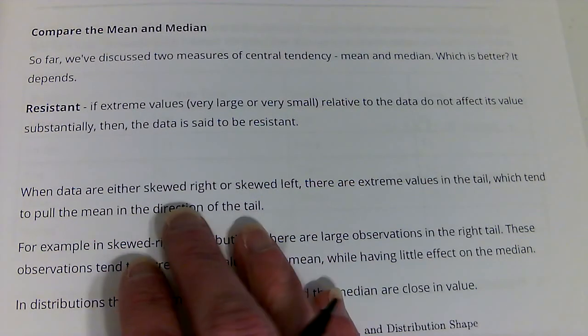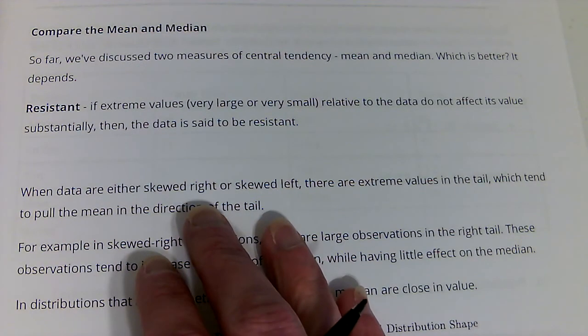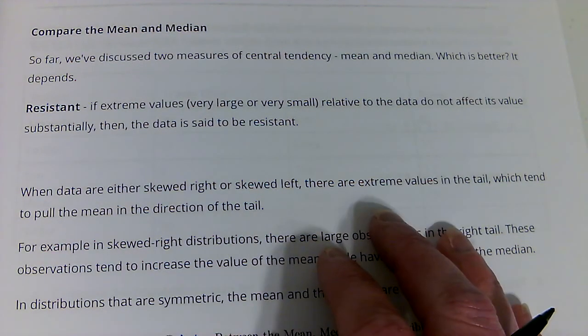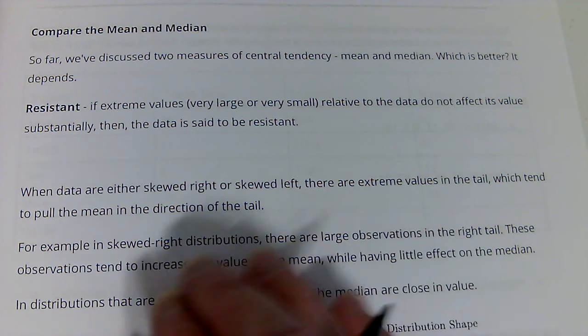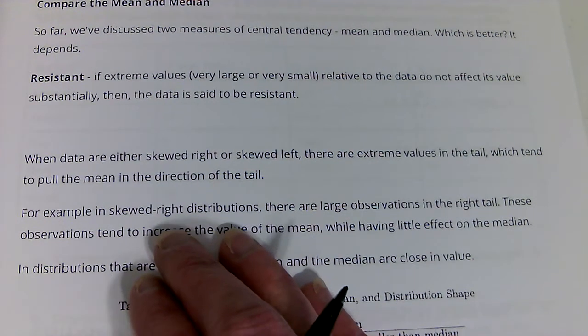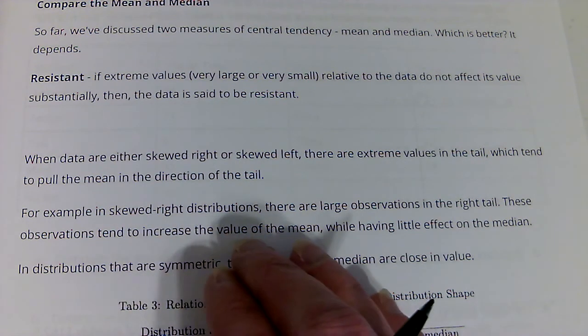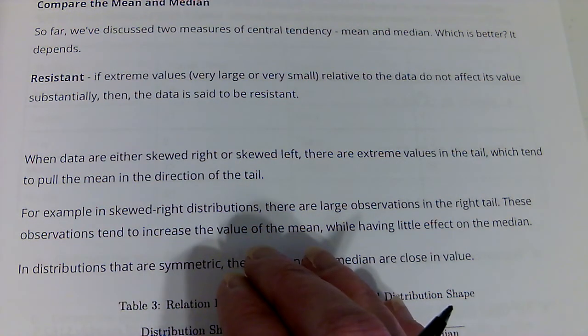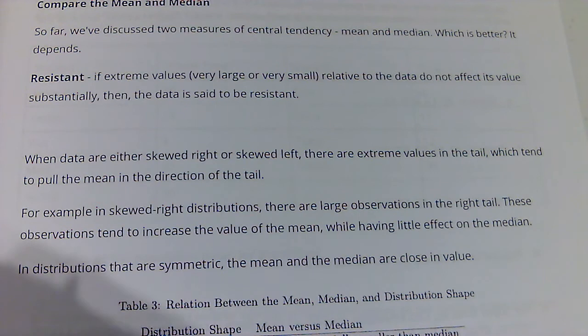So when you have skewness, skewed right or left, that means we have extreme values in that tail, whichever direction it is. For example, if we have skewed to the right, that means we have larger observations in that right tail, and it's going to pull our mean to the right.